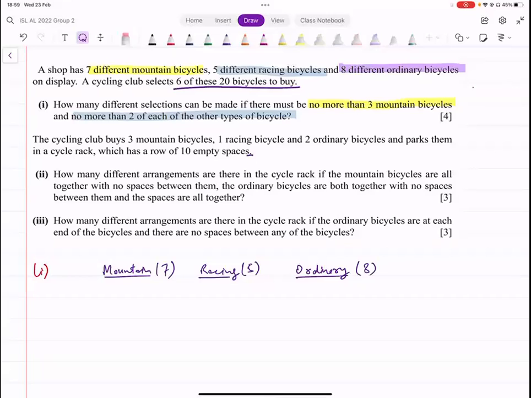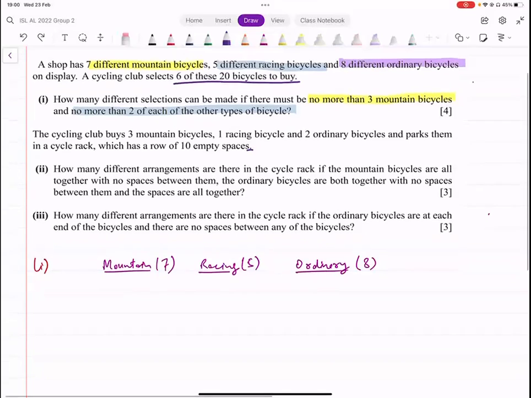These are the totals that we have. We have to select 6. The conditions are no more than 3 mountain bicycles, and no more than 2 of each of the other 2 types of bicycles.